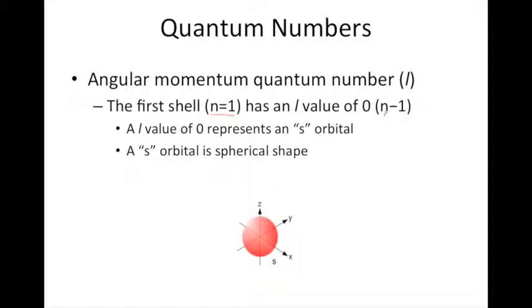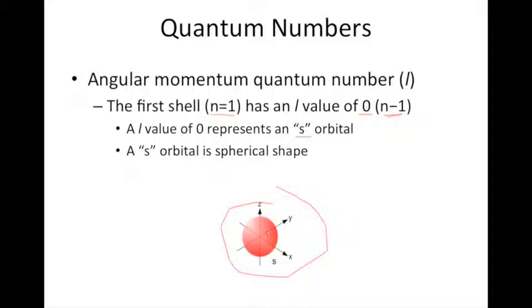Remember, to calculate the L values, we take the n, our shell, minus 1. So the n equals 1 shell has an L value of 0. We said that an L of 0 tells us that we have an S-shaped orbital. So the L equals 0, that's our subshell, and that subshell contains an S-shaped orbital. An S-shaped orbital is spherical.